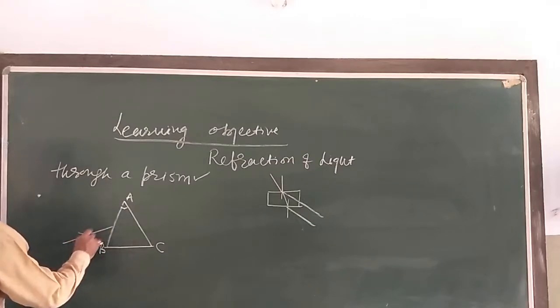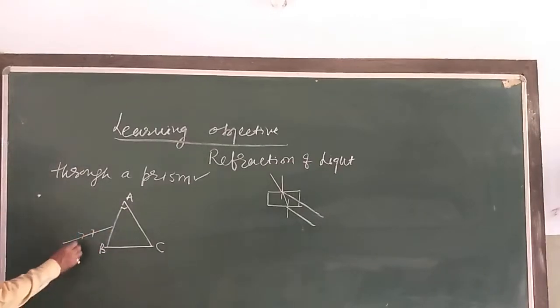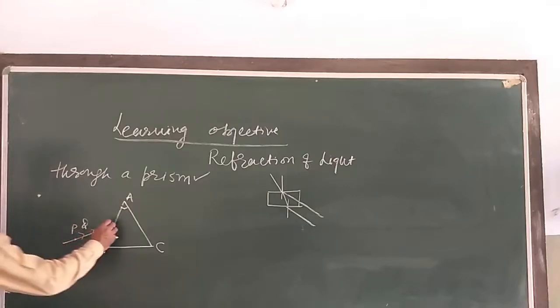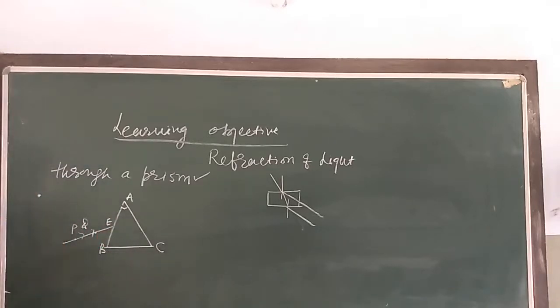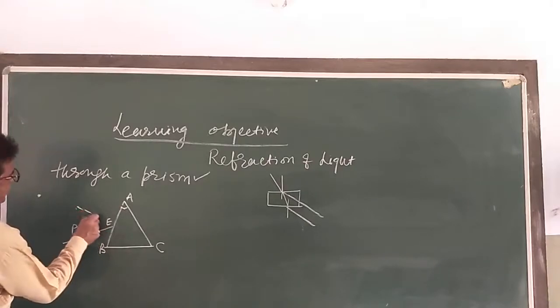The incident ray PE is incident over here, along PE, say this is E. Draw a normal here.